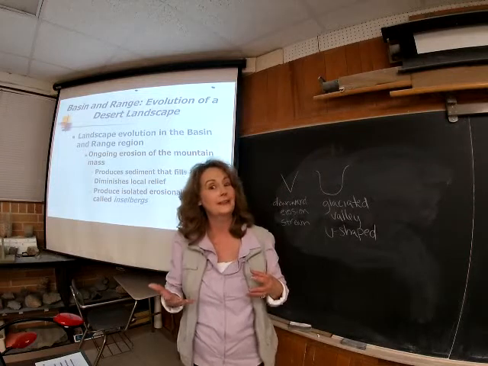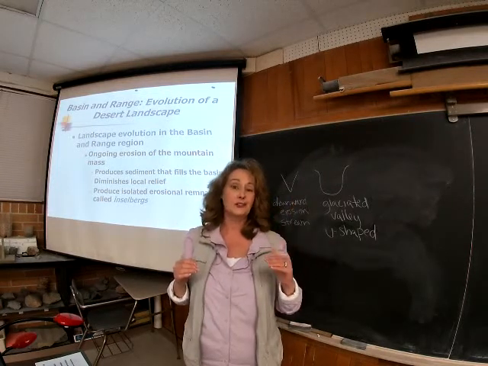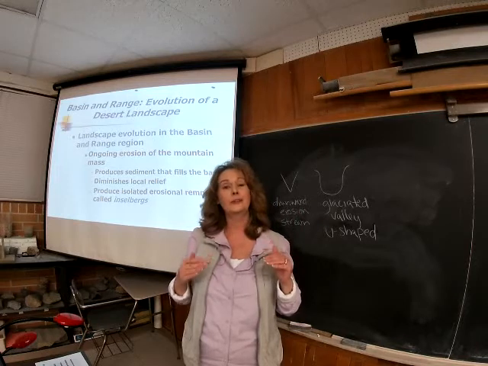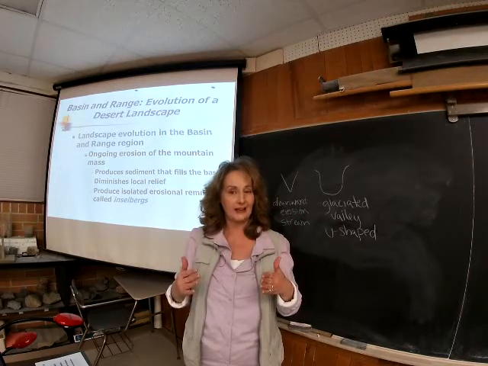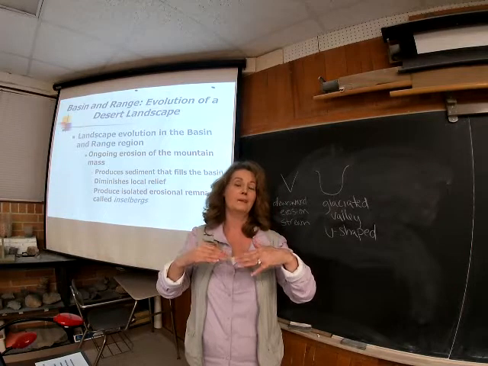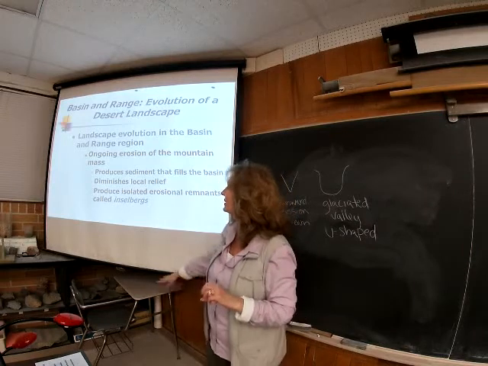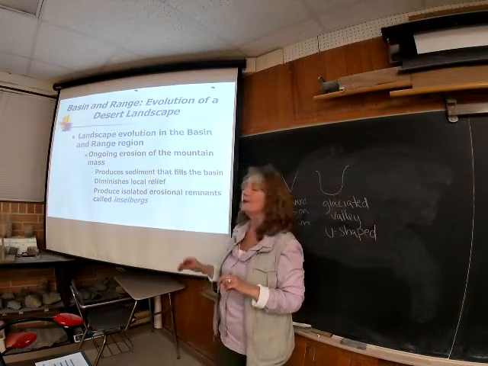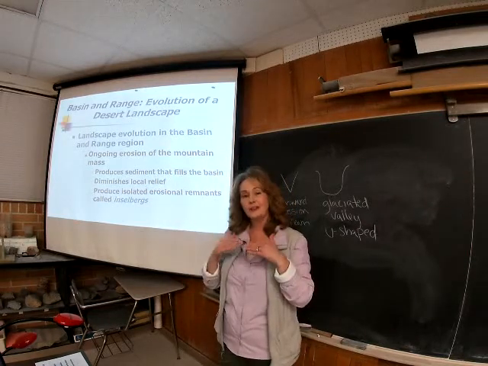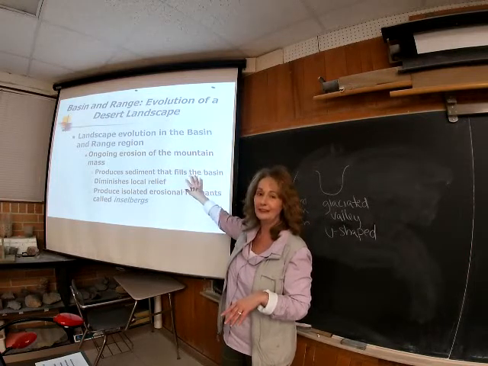What they mean by relief is the gradient, the highest elevation to the lowest elevation. As you're eroding the mountains, all that material is building up in the basin, and eventually you're going to level that out. So ongoing erosion of the mountain mass is going to diminish the local relief, and that sediment's going to fill in your basin.